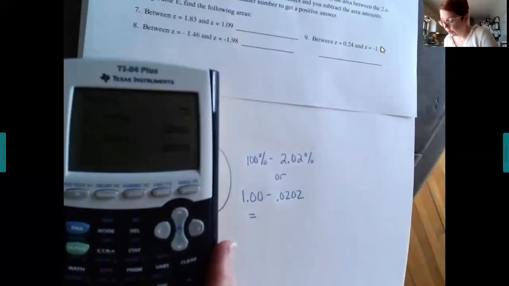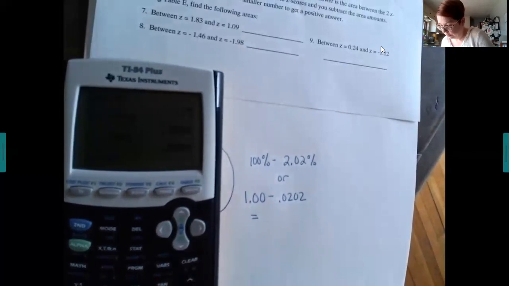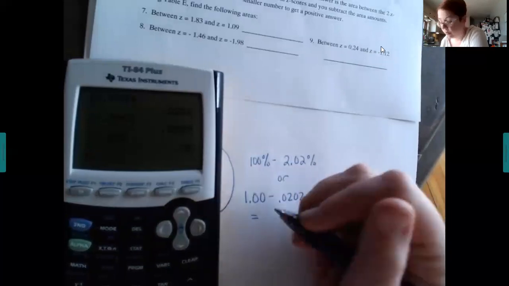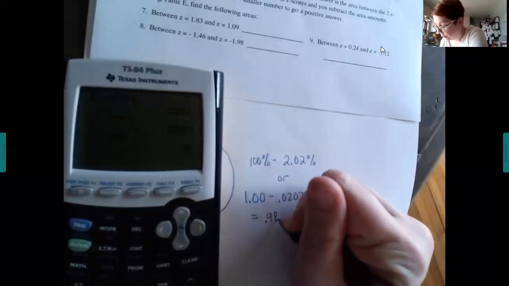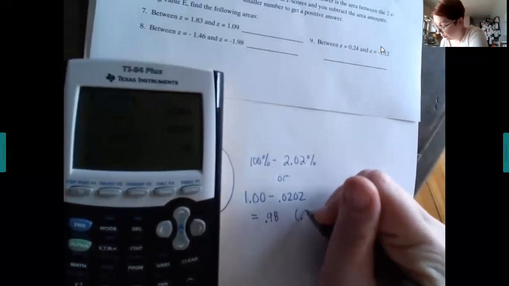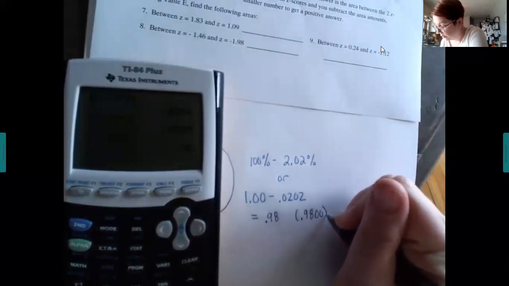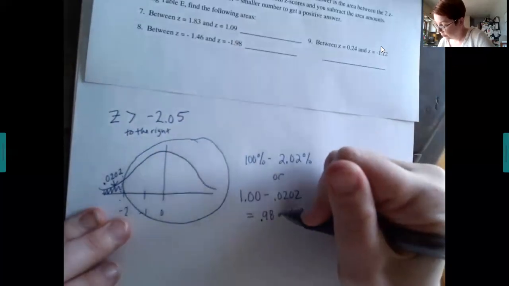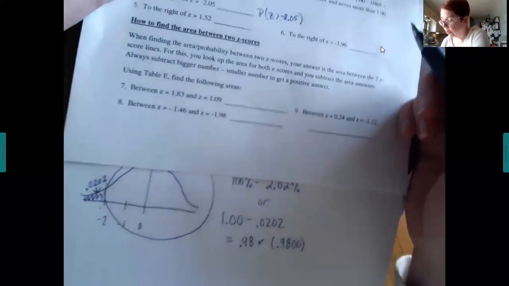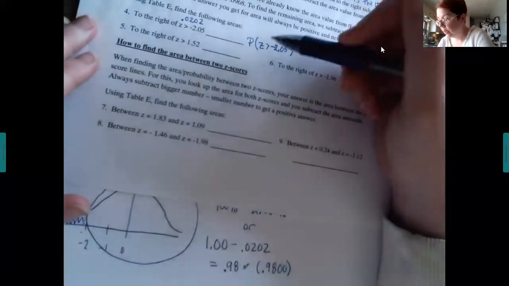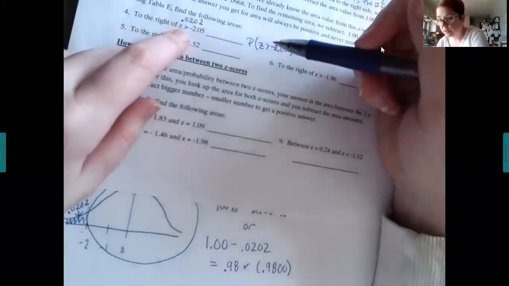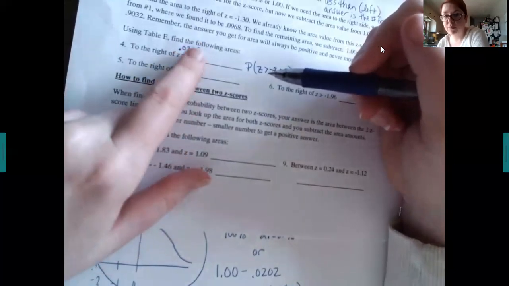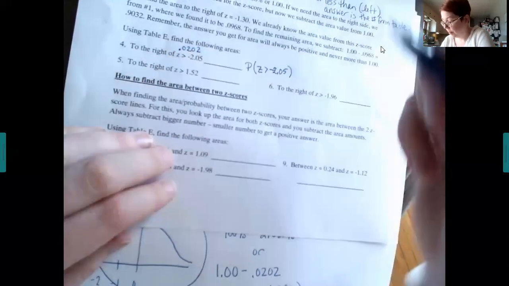Nothing wrong if you like percents though. And we get 0.98, right? So a lot of times if you want the 2 digits, we can put some zeros in there. So the answer you get is, after you look up that z-score, you get that probability, and you subtract that probability from 1.